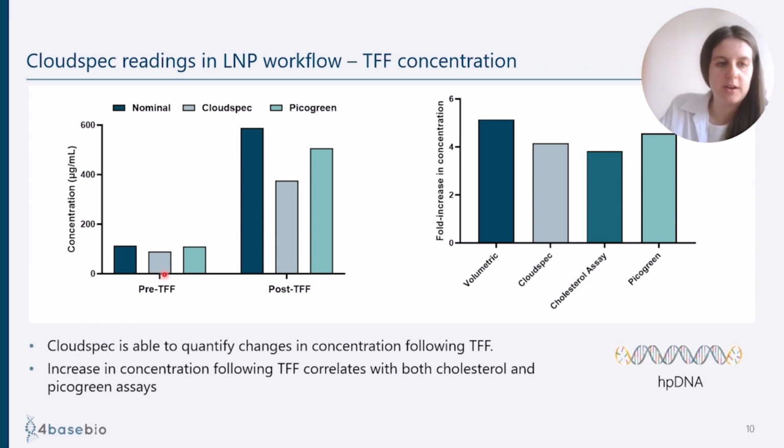And you can see that compared to the nominal concentration and the PicoGreen, the CloudSpec gives very similar readings. And when we concentrate, the CloudSpec is absolutely able to detect that increase. A little bit of discrepancy compared to the PicoGreen on this occasion. Compared to the nominal, it is lower, but that is expected with TFF. We're not expecting 100% yield. And that's what we see also with the Ribo and PicoGreen assays.